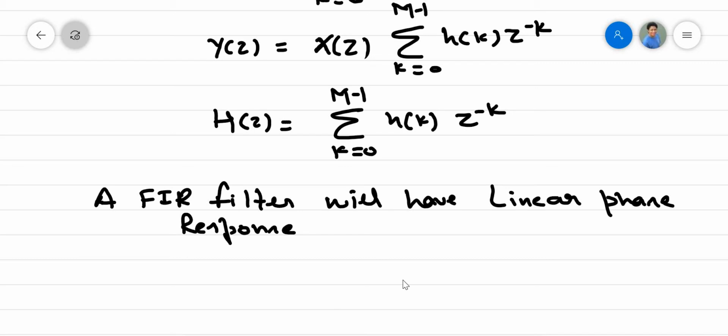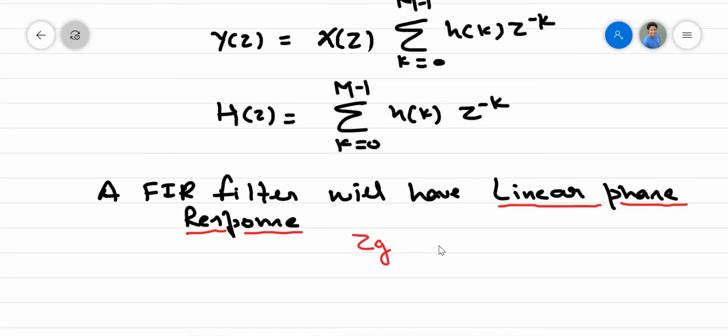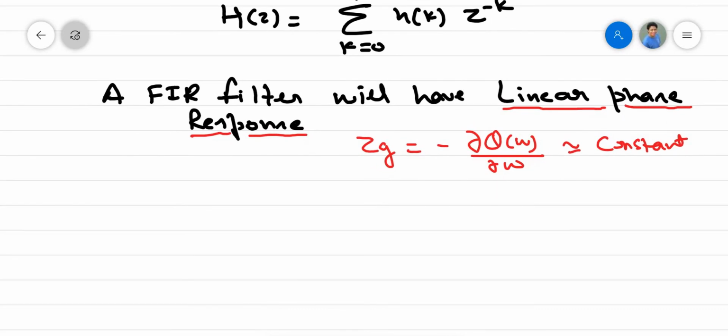The importance of this linear phase response we have discussed multiple times in the last few lectures, and that will be defined by the group delay tau g equal to minus d theta(omega) by d omega, which should be equal to a constant. That is the required condition for having linear phase response. That means this theta(omega) should be a linear function of omega, then only this tau g will be equal to constant. So this particular condition we have to make true, and this is the property of an FIR filter.